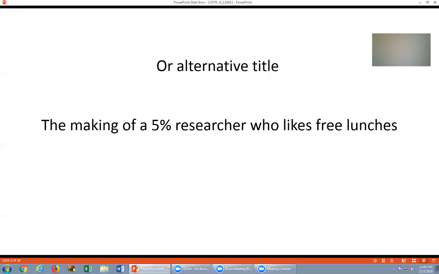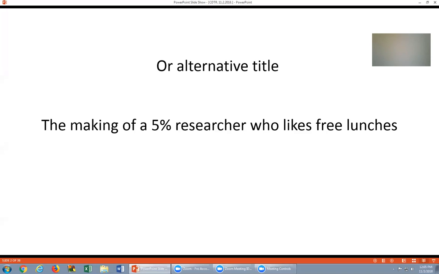And what do I mean by that? When I started out at MU in 2004, I was 1%. Of my time was research. And after 14 years as a clinician, 95% of my time is clinical and 5% is research.